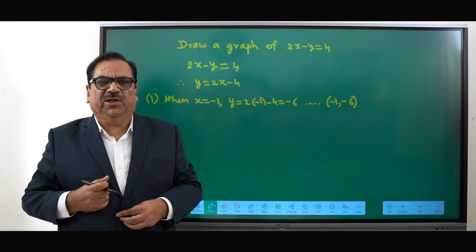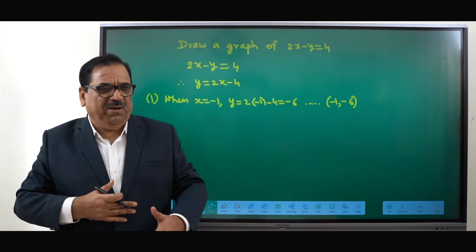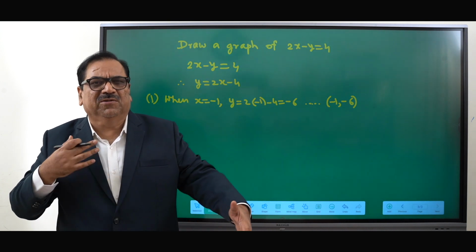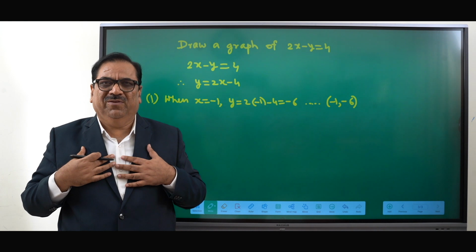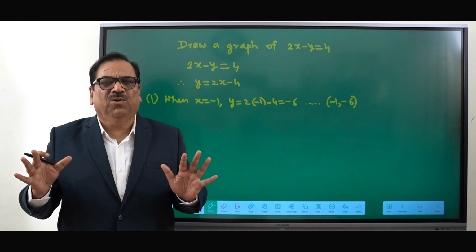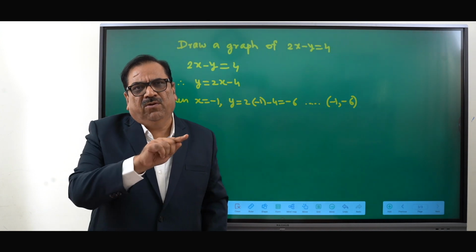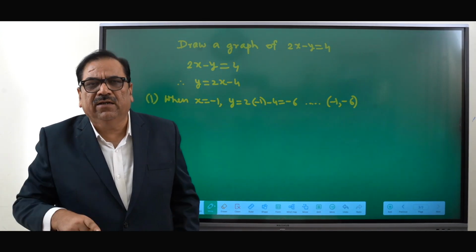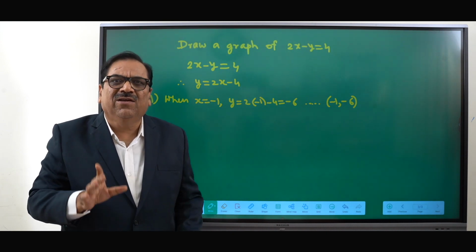Now I cannot say I want to change it and make it Narendra or Yogendra or something like that. No, Machindra is my name, and that I have to follow throughout my life. In the same way, the horizontal line is the x-axis. This is an assumption. The vertical line is the y-axis.